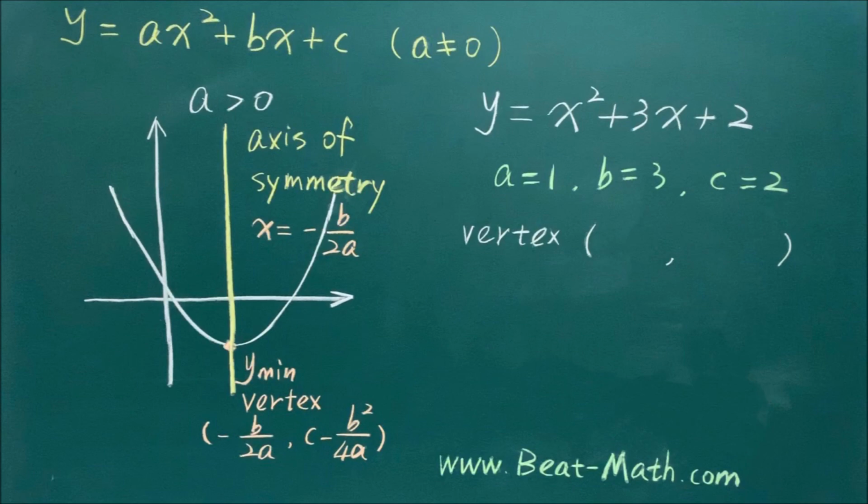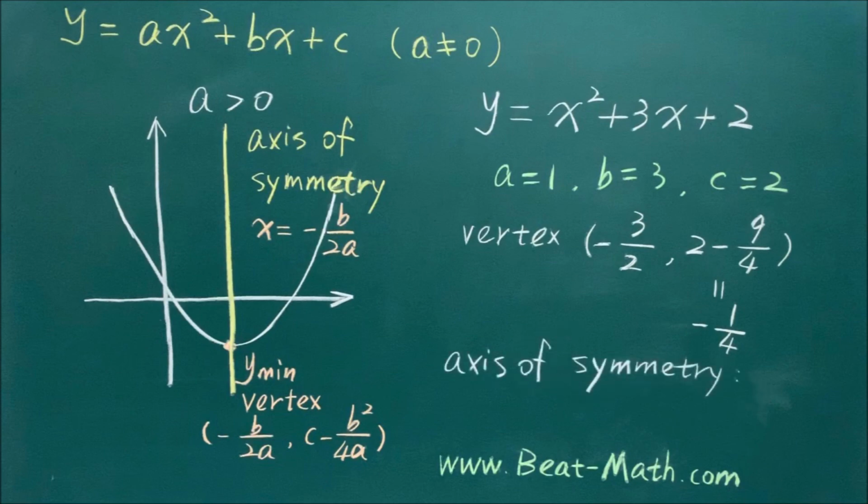Negative b divided by 2a equals negative 3 over 2. c minus b squared divided by 4a equals 2 minus 9 over 4, which equals negative 1 over 4. So the vertex is negative 3 over 2 and negative 1 over 4. But don't forget the axis of symmetry. It's the vertex line x equals negative b divided by 2a, which is x equals negative 3 over 2.